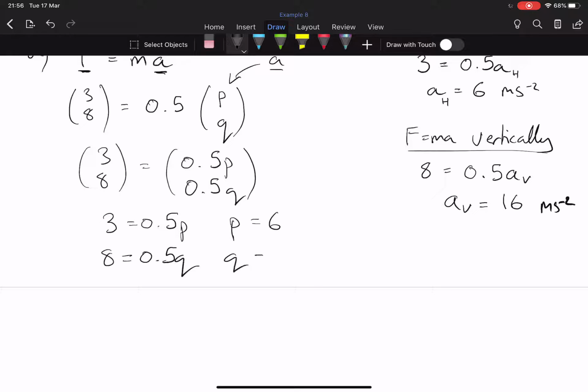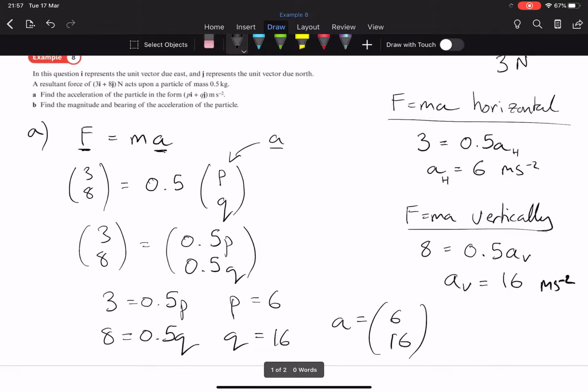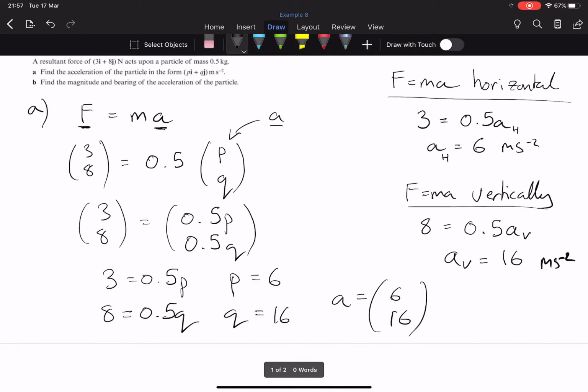So we'd get that q equals 16. And here we've got our horizontal and vertical components, which we found before. The only difference is we've just done it using vector notation. So our acceleration vector, a, is equal to (6, 16): 6 horizontally and 16 vertically. So that's our acceleration, and we should write that as meters per second squared.